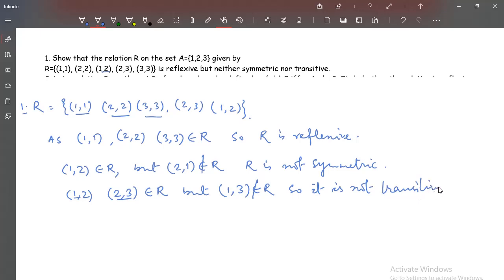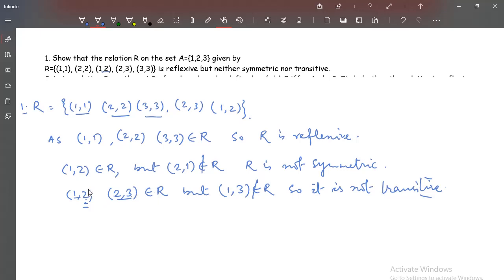Actually, this is a problem from your textbook. This is a word of caution: for transitivity, you have to find the pair in which the common element should be in the second place of one pair and the first place of the other.